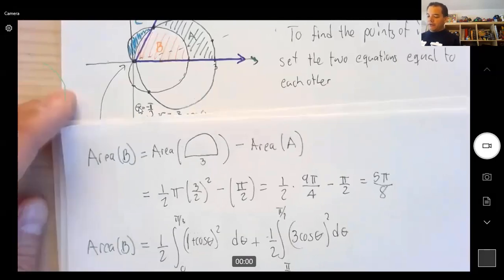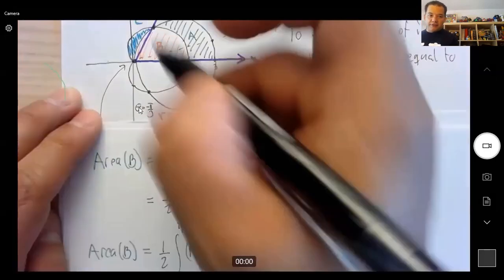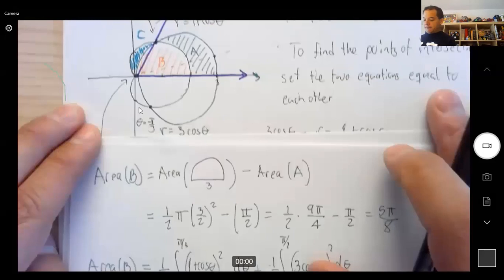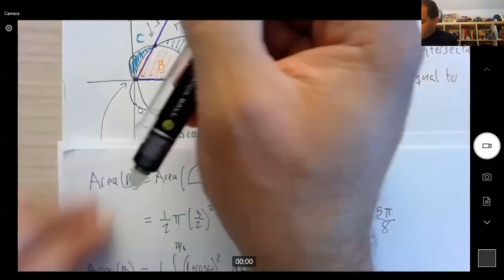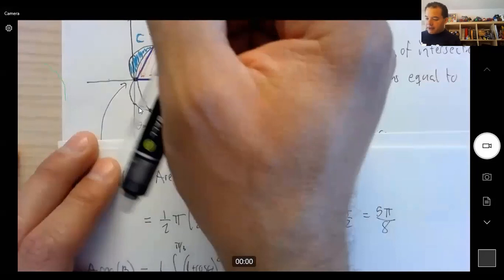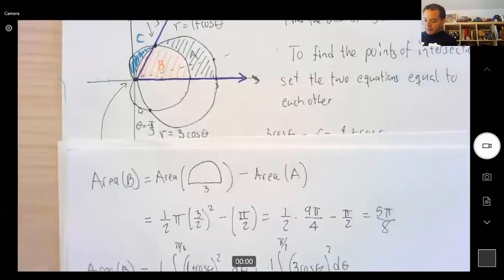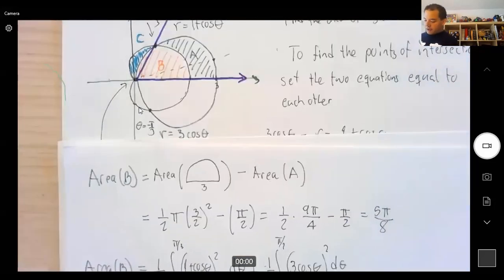Instead, what I want to do is move on to region C, right? How can we do region C? What would be the area of C? All right, so for the area of C, maybe I should do another picture here.